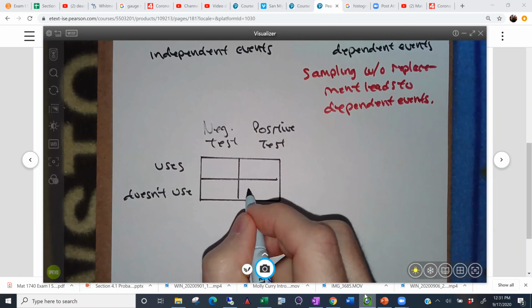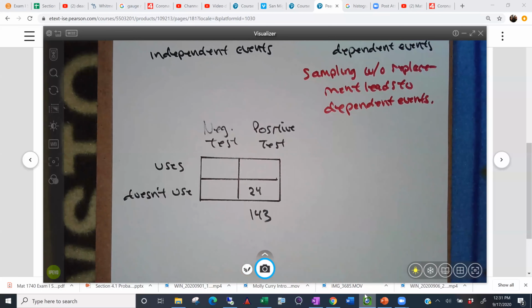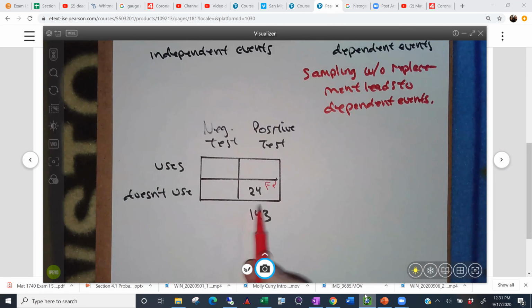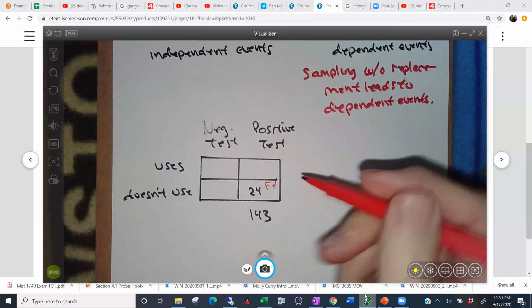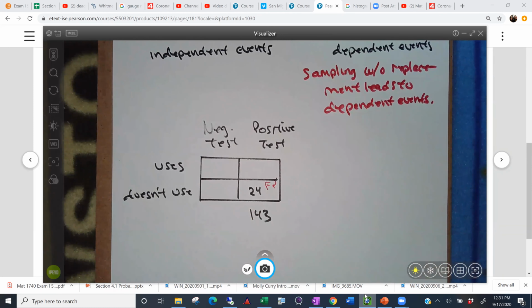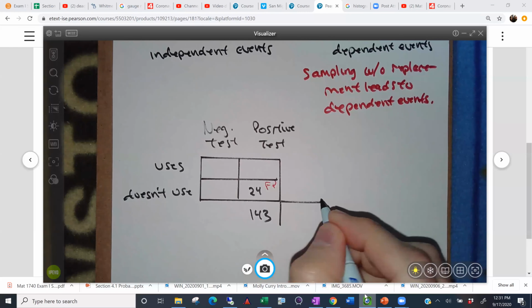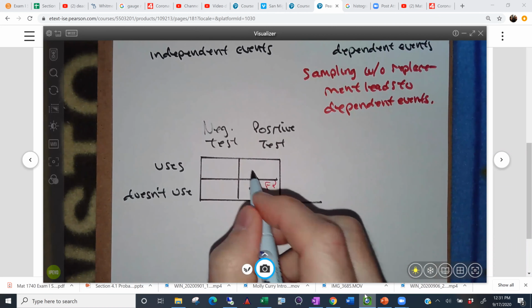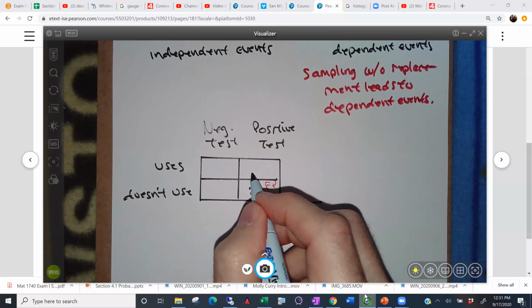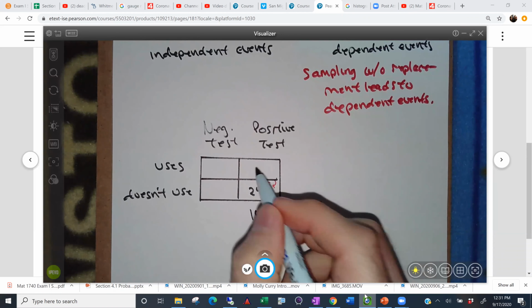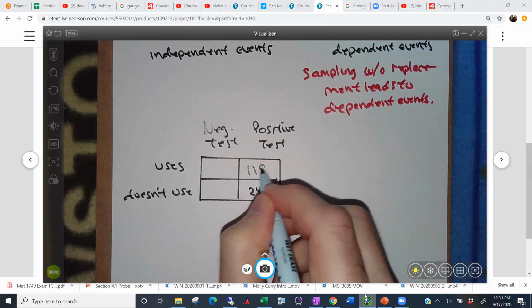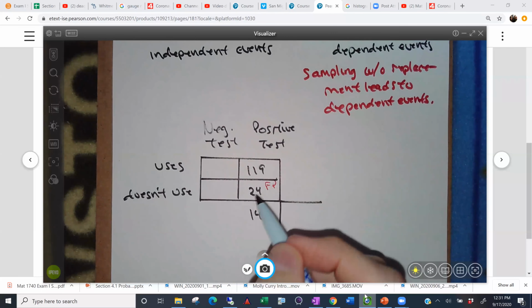Yeah, down below, this is where you're going to find the false positives, because there are some people that don't use, they're going to get flagged for having that result. Now, what's that leave for up here? How would I find what's left up here? Subtract 24 from 143, leaving 119. Perfect. Thanks, Joe. You can get this one by subtraction.